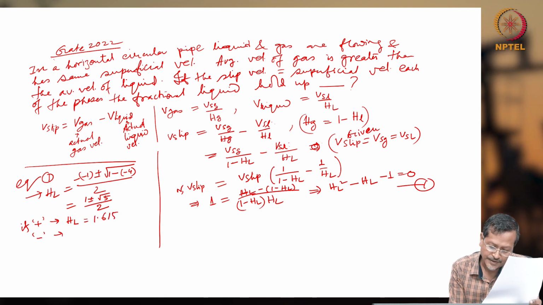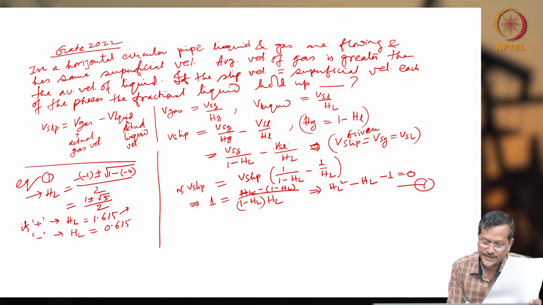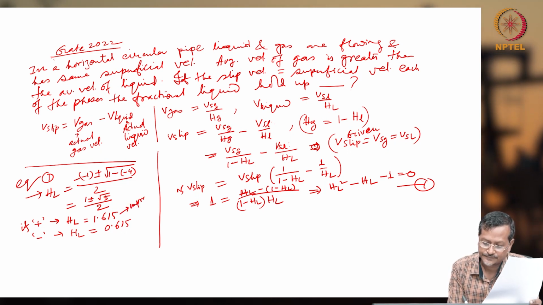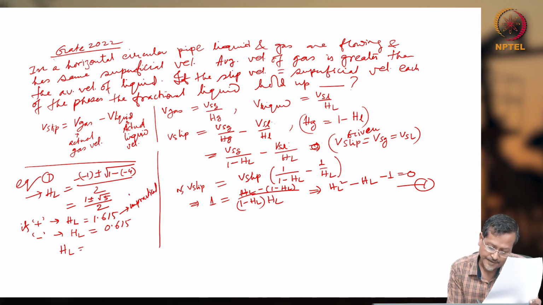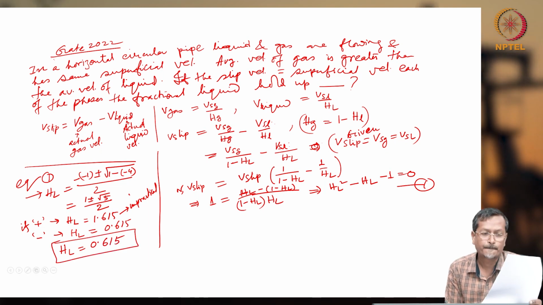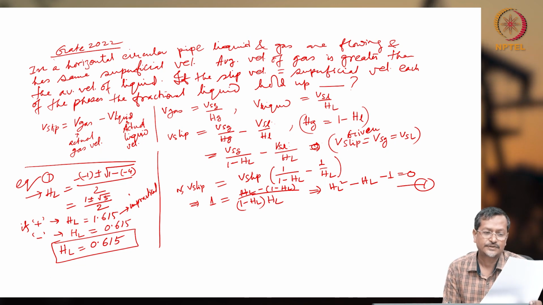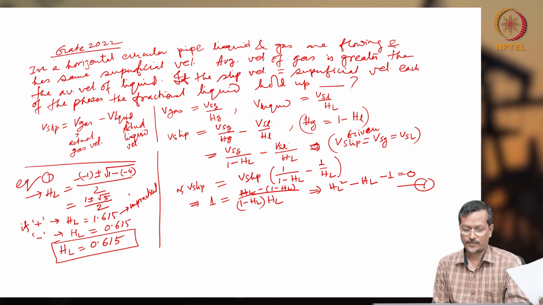If minus is taken, HL becomes 0.615, and this 1.615 is impractical. Hence HL is 0.615. This is the solution for the GATE question. Okay, and in the GATE question they have given a range of 0.6 to 0.65, so it is coming within that range. So this is the solution of this problem.